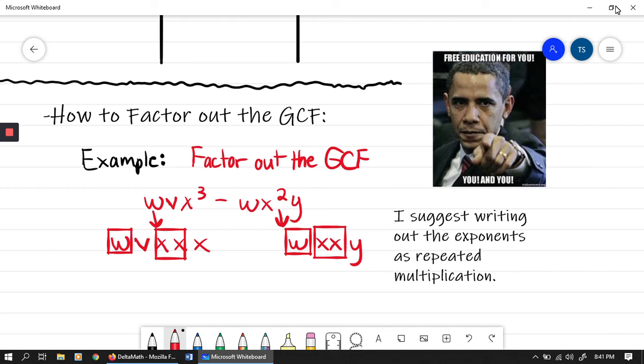So what I've got circled or in boxes, that is technically the GCF. Now, just for your knowledge, I'm just going to write exactly what the GCF is. Of course, the GCF is W X squared.